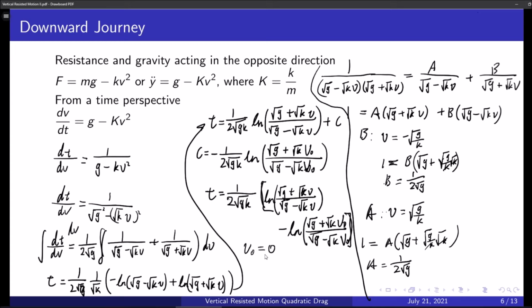So the velocity at the start of the drop will be 0, which means this part will collapse, and then you just have t equals 1 over 2 square root of gk times log of square root of g plus square root of kv over square root of g minus square root of kv.